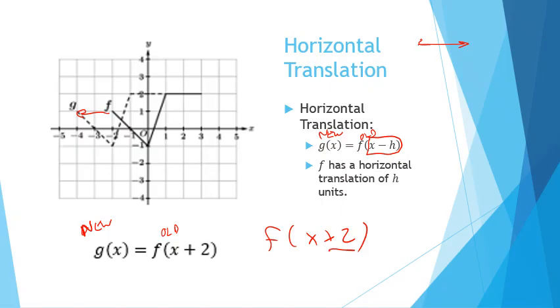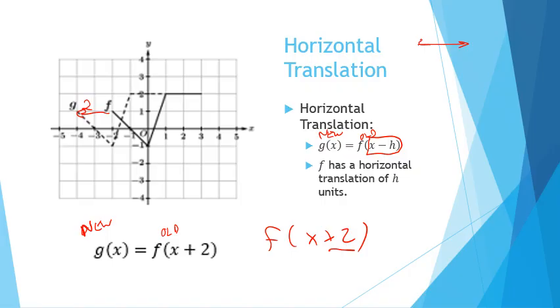But because it's on the inside of the function, it's actually going to move it 2 units to the left. And so horizontal translation is kind of inverse like that. And that's going to happen anytime you see anything that affects the graph horizontally. It's going to do the opposite or the inverse of what it looks like it should do on paper.